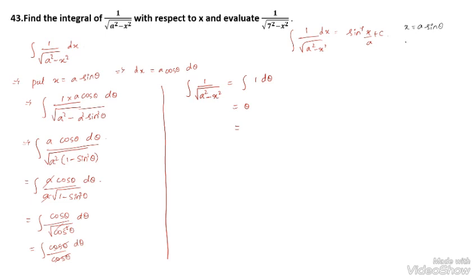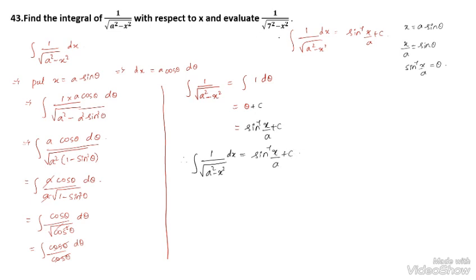We want theta, that's why I'm taking a here, x by a is equals to sine theta. I can take sine inverse here, that is sine inverse of x by a is equals to theta. Therefore, I can simply add some constant c, that is sine inverse of x by a plus some constant c. Therefore, integration of 1 divided by root of a square minus x square dx is sine inverse of x by a.